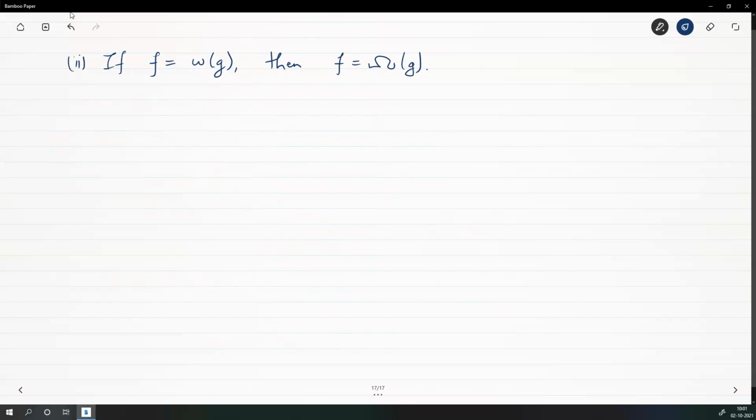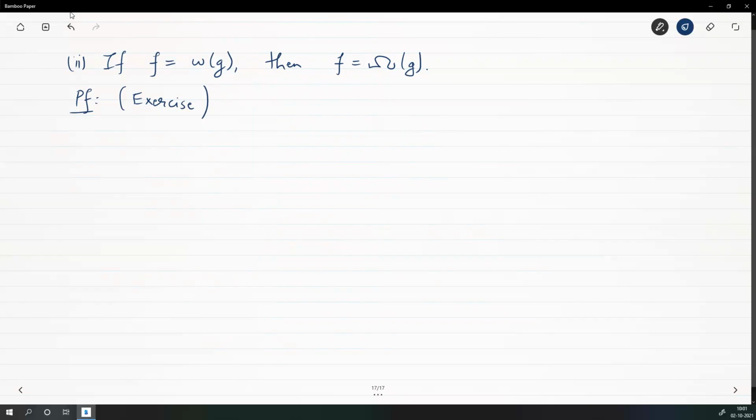I want you to try writing this down on your own. It is very similar and very easy. Just look at the previous proof and follow the definitions, and you should be able to write this down. This is the exercise, and we will discuss it when we meet next time. So if f is little omega of g, then f is big omega of g. In other words, little omega is stronger than big omega. Big omega is a weaker condition.